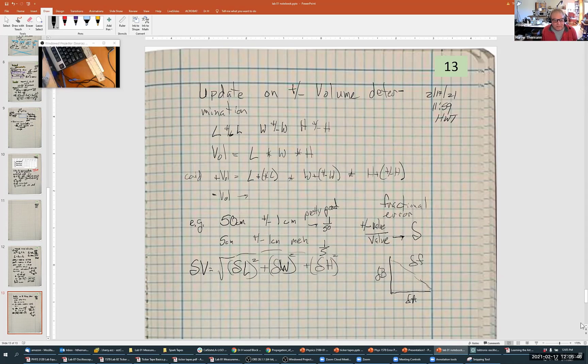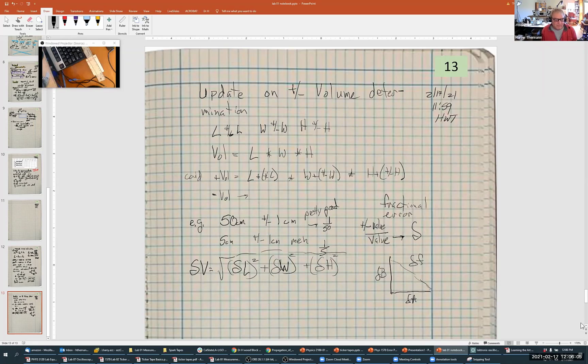This weights them properly. This way we know this is a great measurement, but this one here is not so good, so it's going to contribute more error to the final answer, and it should.